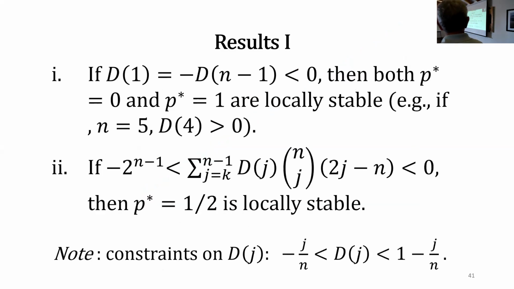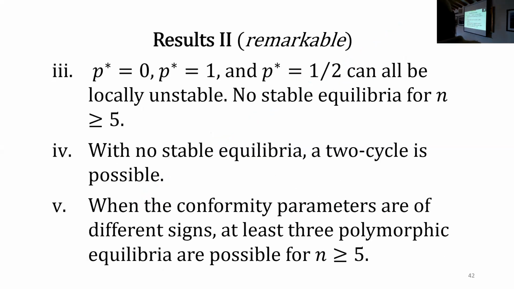So the results, which I think are quite remarkable, are that it's possible to have no stable equilibria of the dynamic. It's possible to get a 2-cycle here. And when the conformity parameters are of different signs, when you have greater than or equal to 5 models that you're copying, you can get at least 3 polymorphic equilibria.